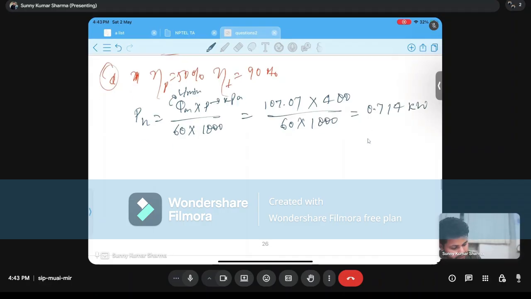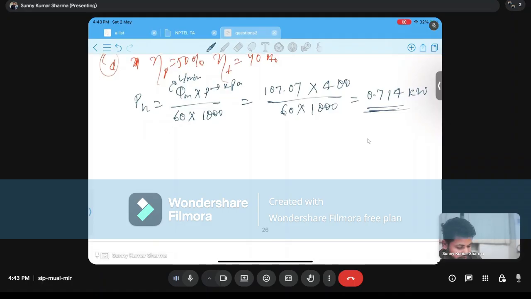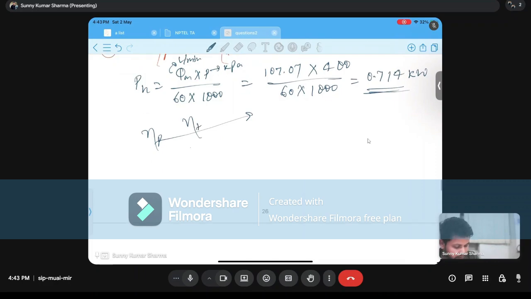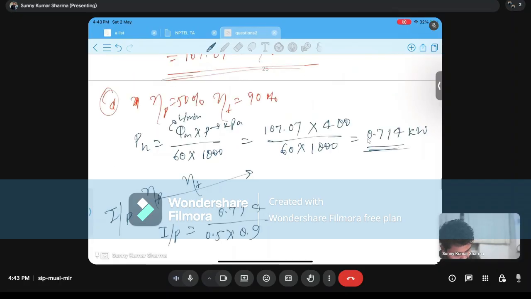So this is the power we are getting, and it is the result of transmission and pump efficiency. So what will be the input power? The input power will be 0.714 by 0.5 into 0.9.